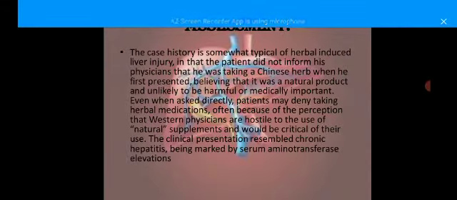Even when asked directly, patients might deny taking herbal medication, often because of the perception that Western physicians are hostile to the use of natural supplements and would be critical of their use. Basically, patients most of the times don't tell their doctors about the intake of the herbal agents because they are totally unaware of the harmful effects, not only to the liver but also to the other vital organs.